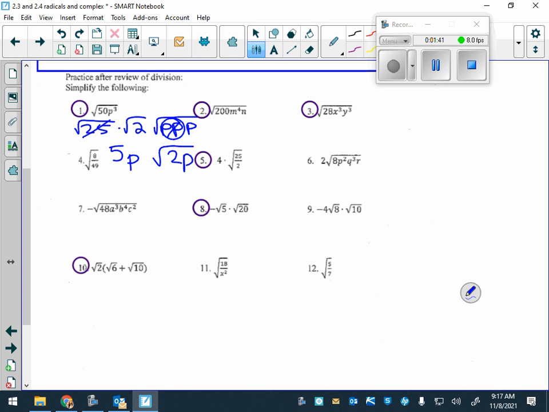Okay, so we multiply 4 times 5, which is 20 root 2 over 2. 20 divided by 2 is, you're left with 10 root 2. Okay, some of you probably didn't see that the 4 was attached to it, and just left it 5 root 2 over 2.